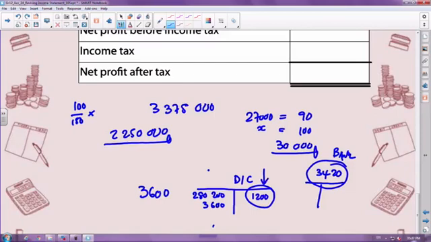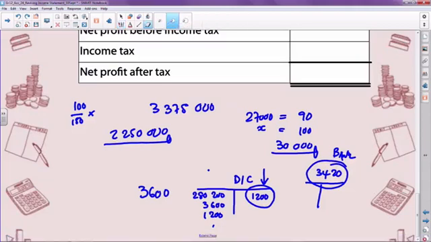A credit balance, in order to transfer it, you need to debit the debtors control with 1,200. Okay, in other words, this entry had been done already. The reason I showed it to you was to show you why I am debiting debtors control.